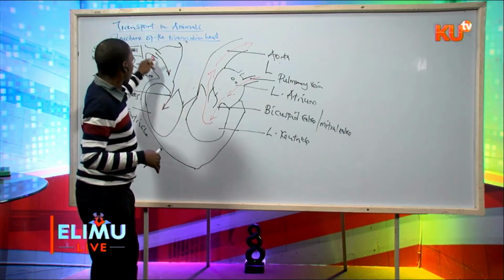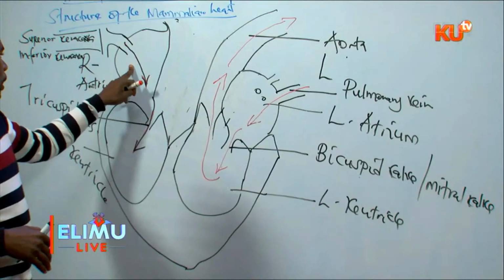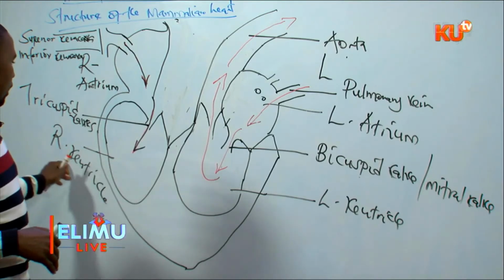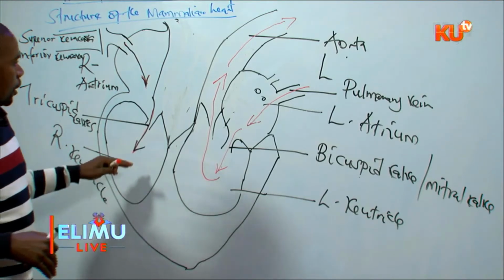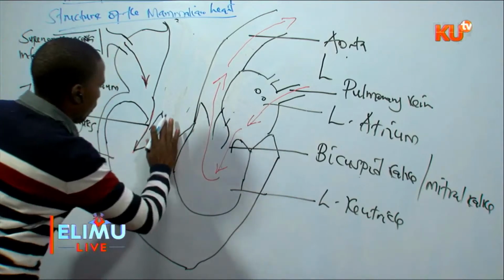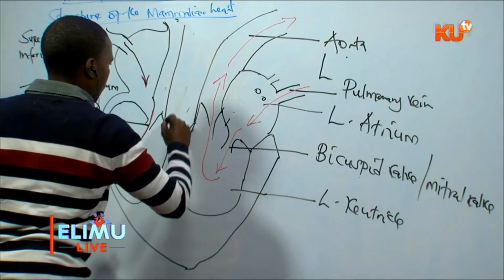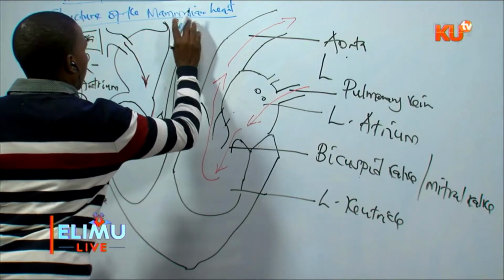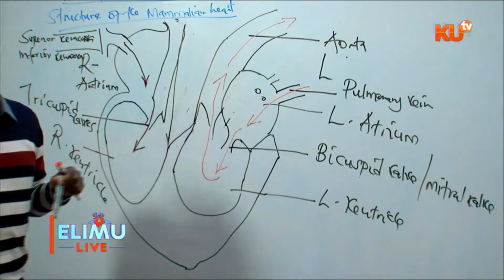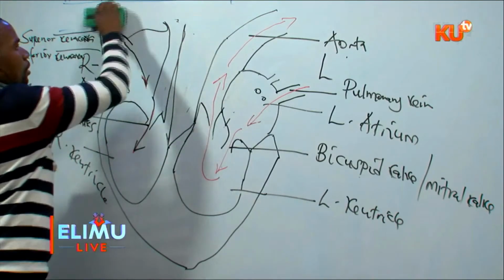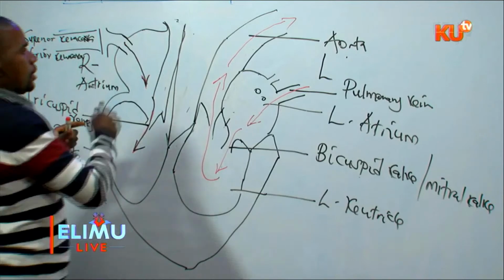So blood is coming in here into the right atrium, then it is pushed into the right ventricle. This right ventricle, now here, it opens into another vessel here. I think it will just allow me to erase this part so that I can illustrate better.